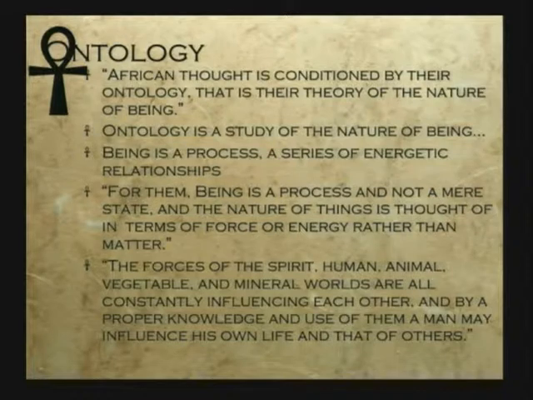The idea is, oh, we have the forces that appear to be separate, human, animal, vegetable, and mineral, are all constantly influencing each other. All my relations. This is the same construct in Native American, or many indigenous people have this idea that these forces are interacting with each other.